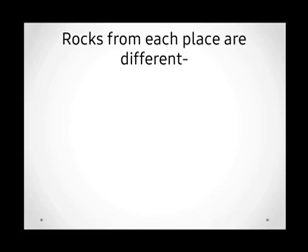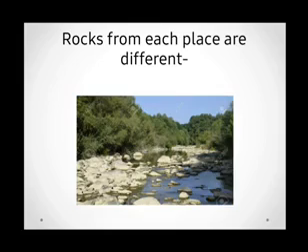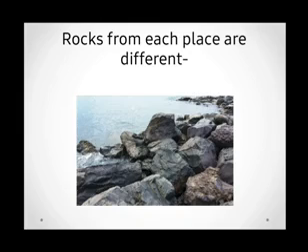Now rocks from each place are different, like the rocks in hilly areas are different. The rocks at river banks are different. The rocks at sea level or the beach rocks are different.